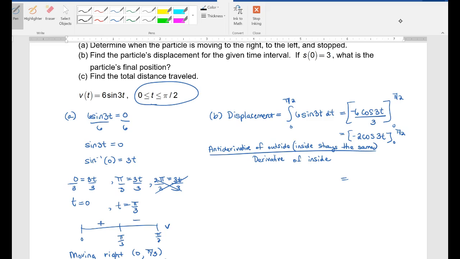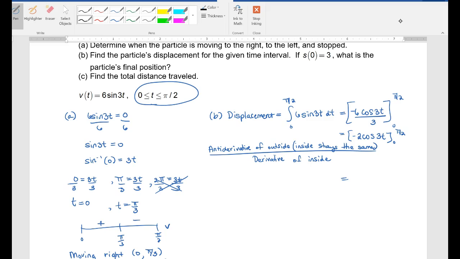So anytime I have, let's say it's cosine of 2x dx. This is really a u substitution, but a quick way to do this, right? If I take the derivative of the inside, I get a constant, right? Derivative of 2x is 2. So if that is the case, I can use a shortcut, which, what's the antiderivative for cosine?